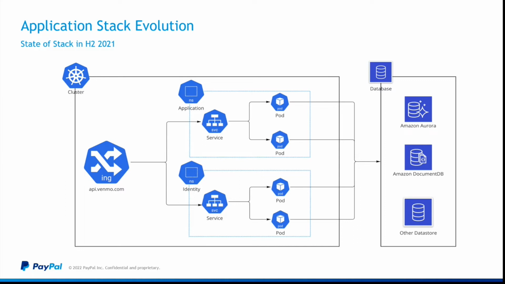And we didn't just stop after creating the identity namespace, right? We continued separating more and more endpoints out of the application namespace into other namespaces. After we reached some stage, we also started reducing the pods that we are running in the application namespace.